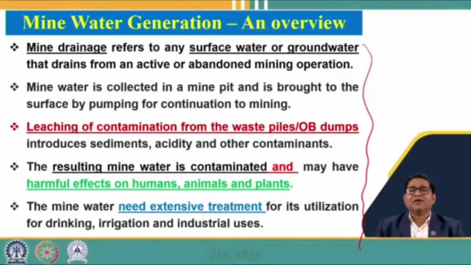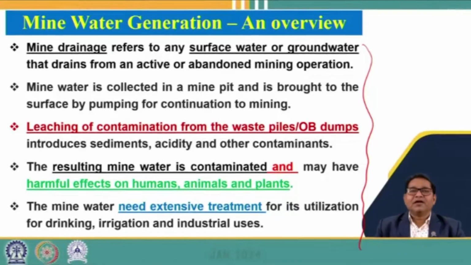Open cast mines are carried out up to a depth of around 200 meters, 300 meters, whereas underground mines are carried out when the coal reserves are found below the earth surface at a much larger distance, like 500 meters, 700 meters, 1000 meters, more than 1 kilometer. So depending upon the type of coal reserve and its location below the earth surface, we carry out open cast mines or underground mines.